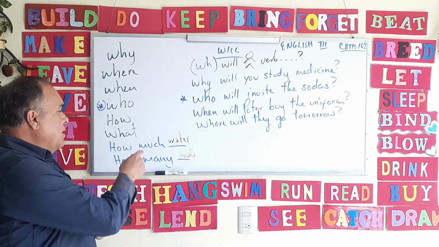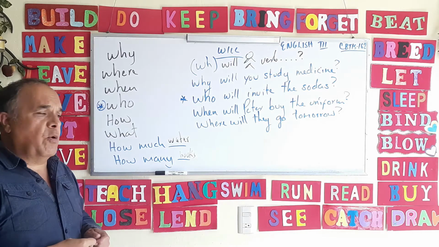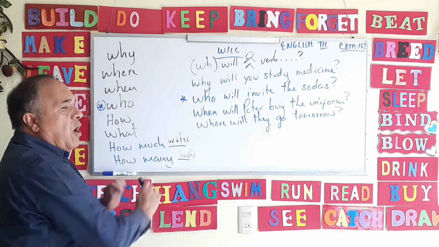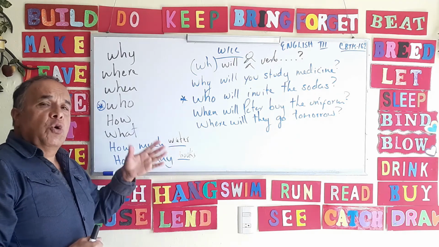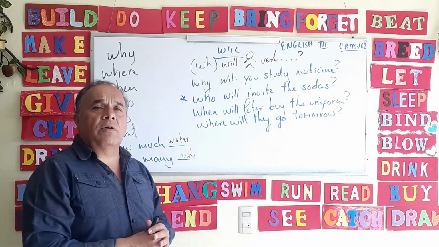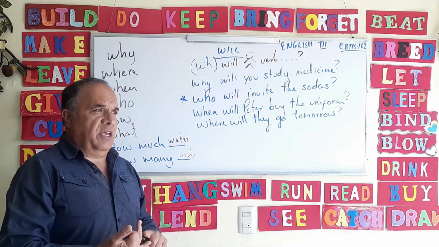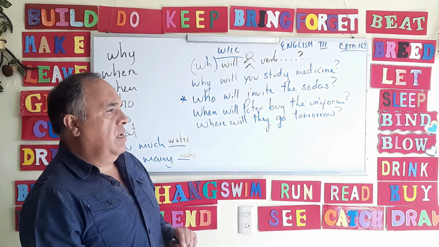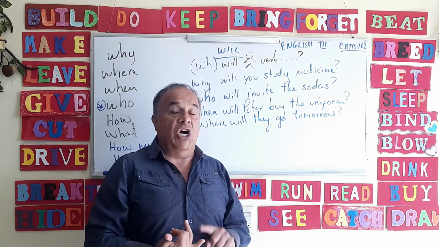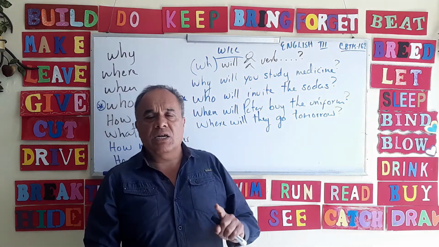Then I'm going to give you an example using how much and how many. How much we use for uncountable things like money, sugar, bread, time, milk, oil.